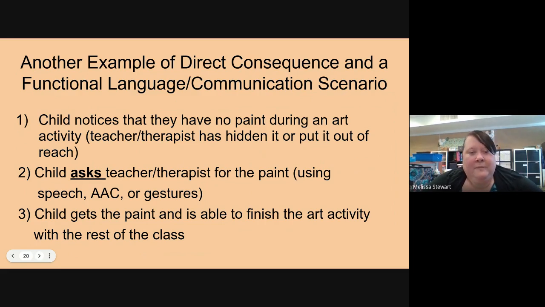And the child gets the paint and is able to finish the art activity with the rest of the class. So this is an example of functional communication and requesting: something the child needs, directed at an individual who is able to help and get them what they need, which is the paint, so they're able to finish the art activity.